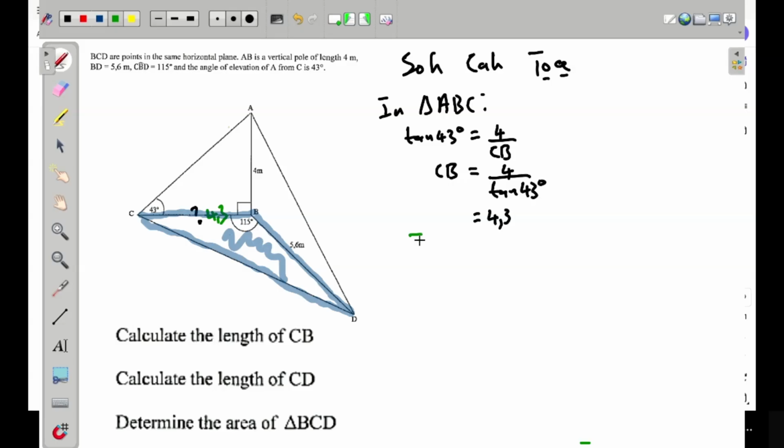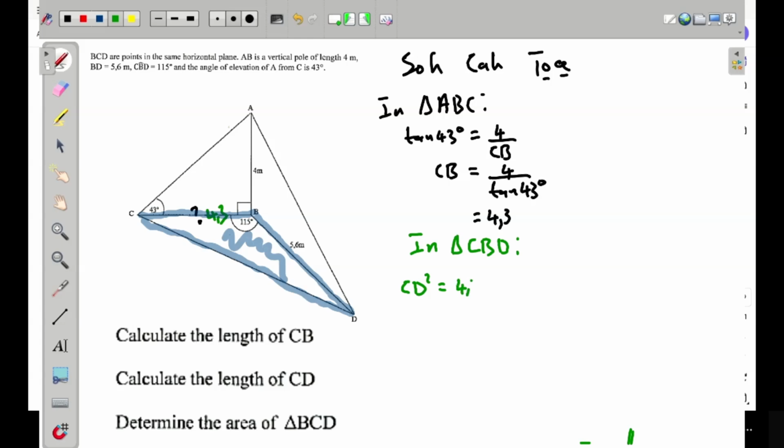In this context, I always advise that please just tell us which triangle you're working in, so that the marking is also nice and easy. So in triangle CBD, CD squared is equal to, what's going to happen?